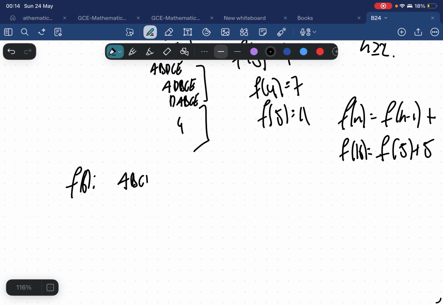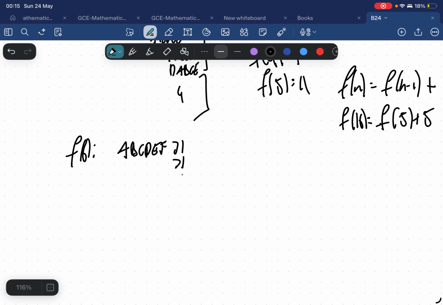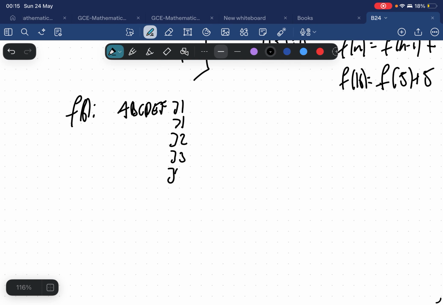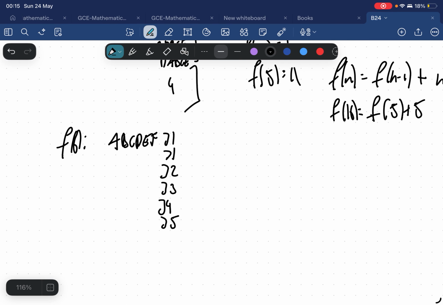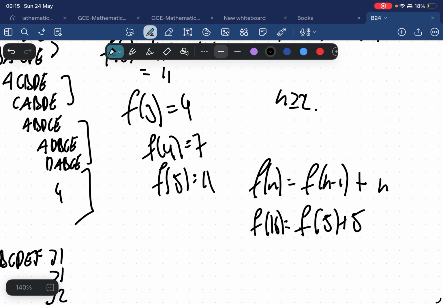A, B, C, D, E, F. So we know that we have 1, 1, 2, 3, 4, 5. Then we have 9, 16. So F16.